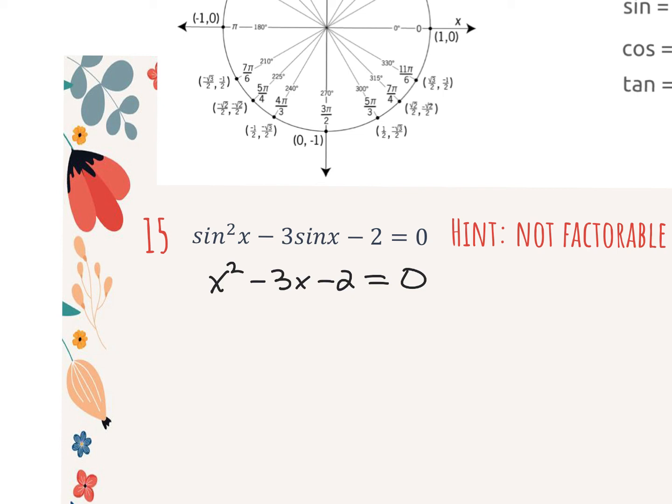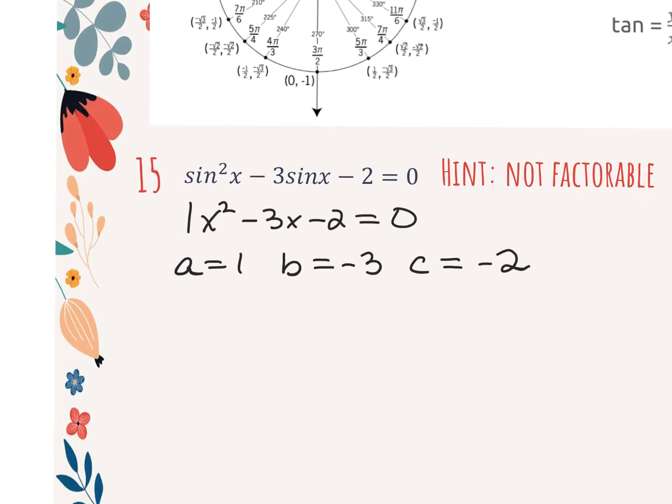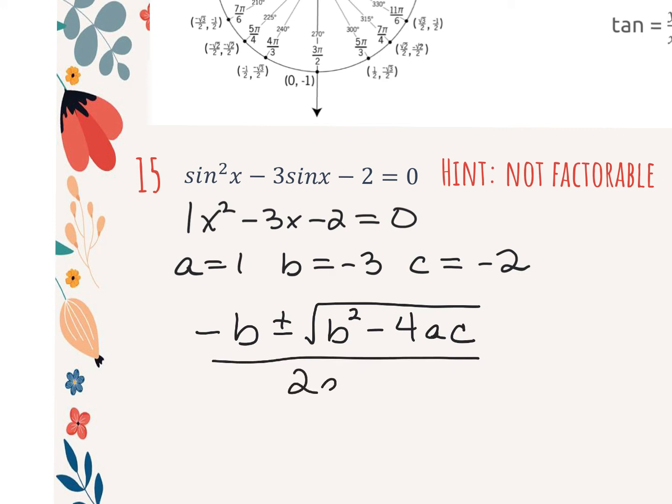Remember, the number in front of x squared, in this case it's a 1, is your a. The number in front of x is your b. And then the constant is going to be your c. The quadratic formula is -b, or opposite of b, plus or minus the square root of b squared minus 4 times a times c, all of that under the radical, divided by 2 times a.